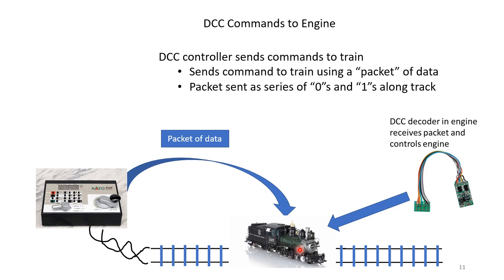If it's destined for another engine, it'll ignore it, and it'll convert the digital data on the track into a control signal to the motor on the train, telling it to speed up or slow down or go forward or reverse, or telling the engine to put the lights on. So the DCC decoder converts any messages sent from the DCC controller into commands that the engine can act upon.